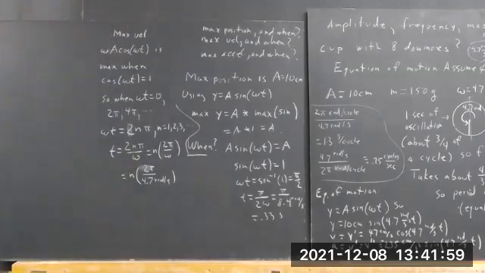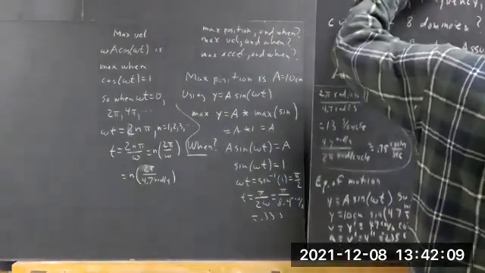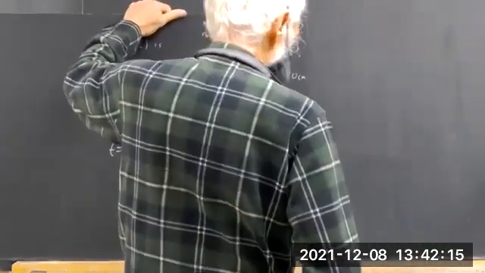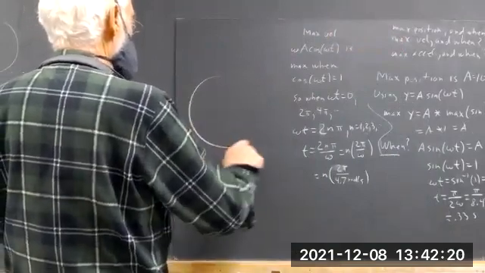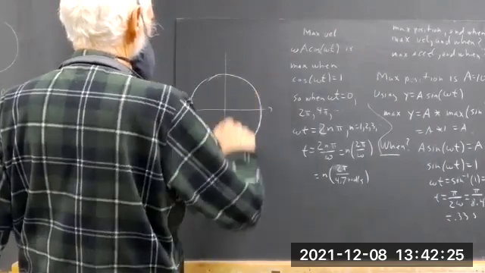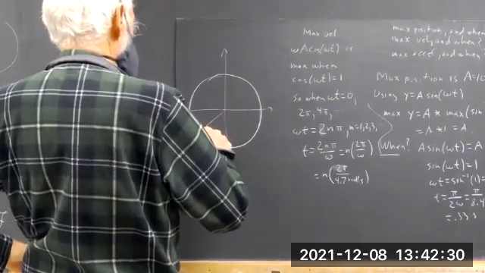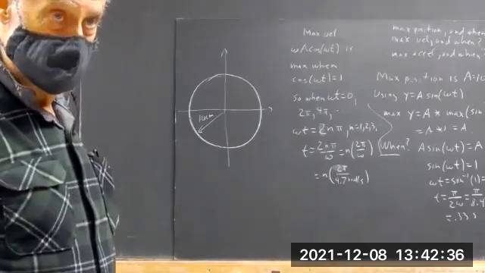Well, that's algebraic. There's a much easier way to see this. I'm going to go back to the reference circle. Here's our reference circle.